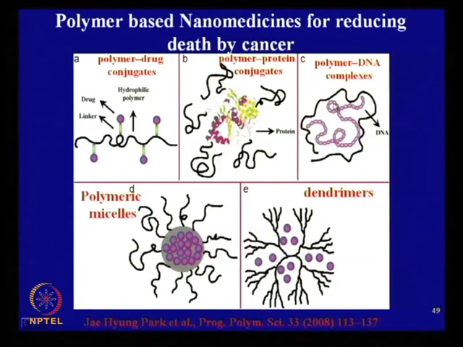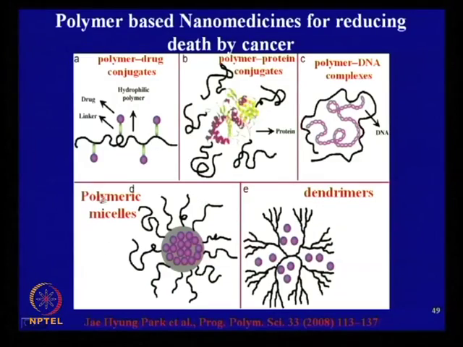That polymer system will carry the DNA molecule to some place within the body. Or polymeric micelles: you see polymeric micelles, this is the drug, a shell has been formed by the polymer molecules. So, this system as such can be used for drug delivery. Again dendrimers, what are dendrimers? You know, there is a polymeric system, hyper branched, super branched, supramolecular systems called dendrimers.